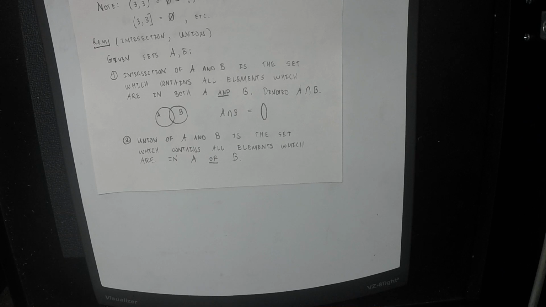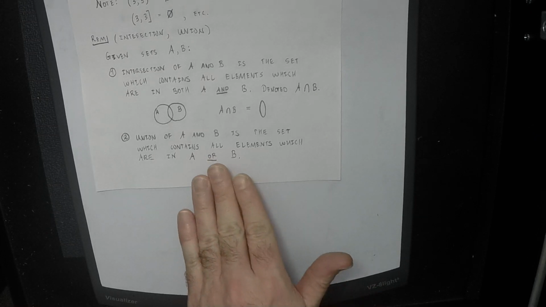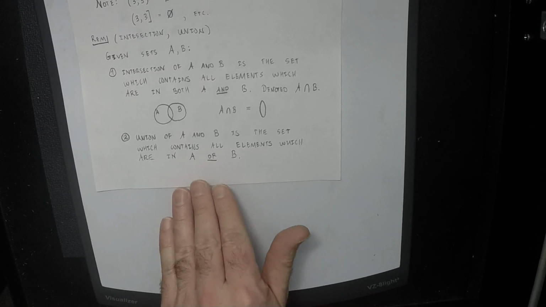So that further raises the question, if or means first choice or second choice or both, then what's the name for first choice or second choice, but not both? Exclusive or. Okay, that means that you can have the first one or the second one, but not both. So or means, this is the mathematician's or.